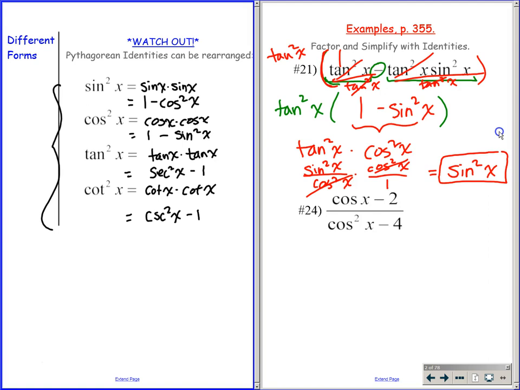I'm pretty sure, don't you take the cosine 2x? Oh, we're doing this now? Do you mean cosine squared of x? Yeah. You do something with it. I can make it a cosine times a cosine. I'm not sure it's going to help.